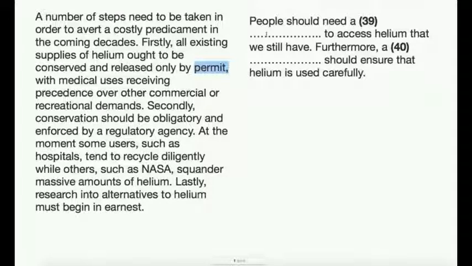That makes sense. Medical uses to access helium, that doesn't make sense. A commercial to access helium, it doesn't make sense. Recreational demands doesn't make sense. So permit is the correct answer.